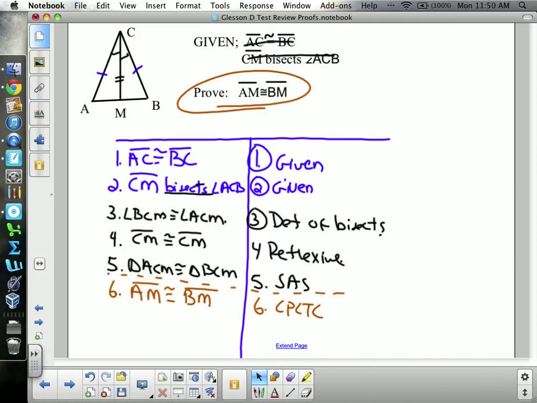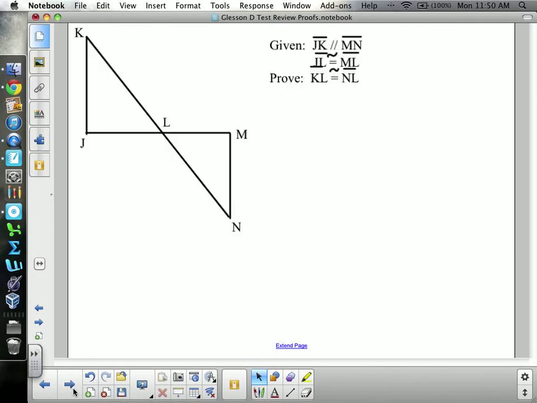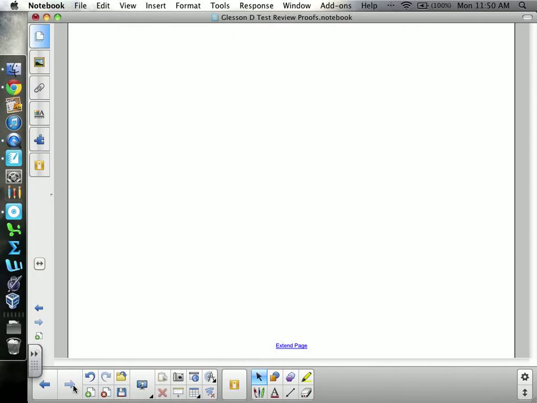58, we're on here. Let's look at the front couple pages very quickly. We're not going to have time to go over everything, but we can still do it. Name the corresponding part. I give you the congruent statement, and you just name the corresponding congruent part. You shouldn't even really need to look at the picture.